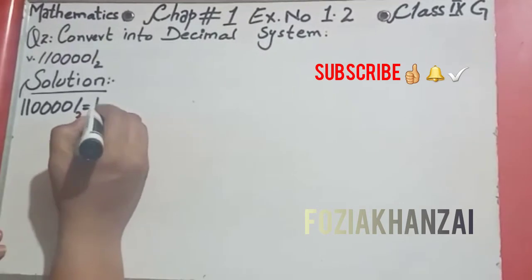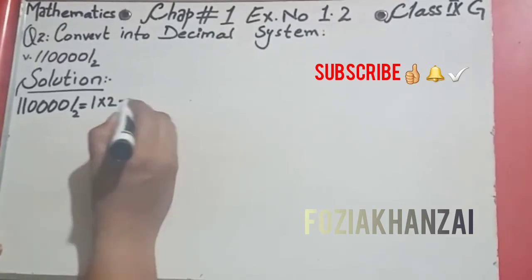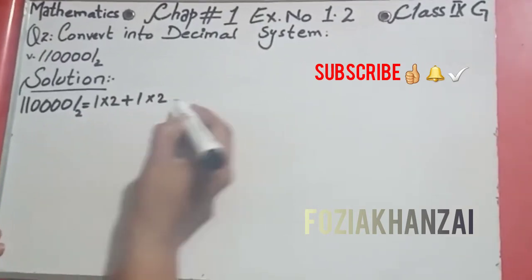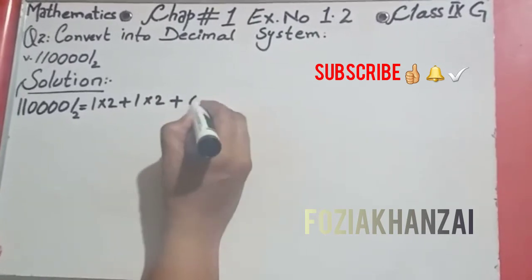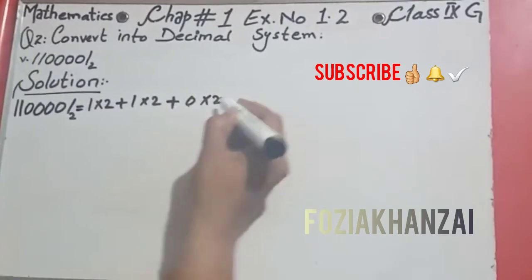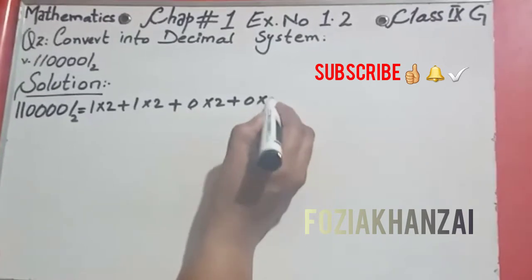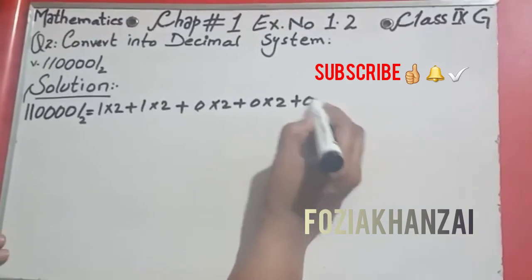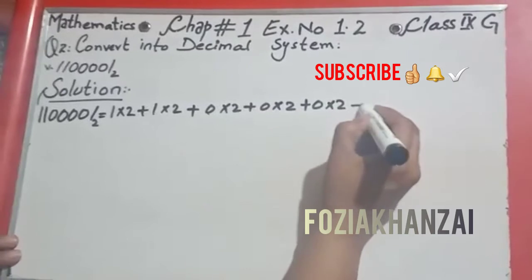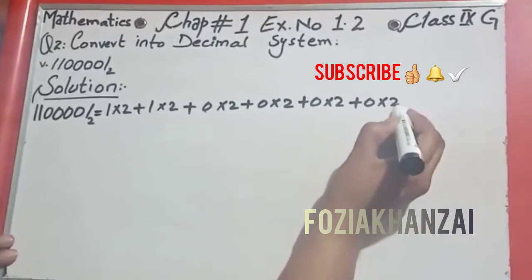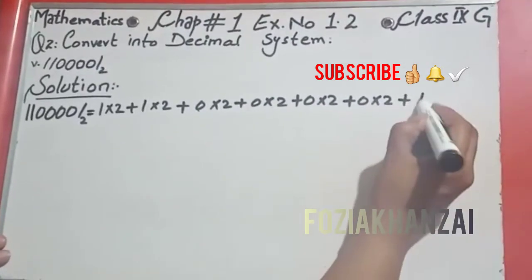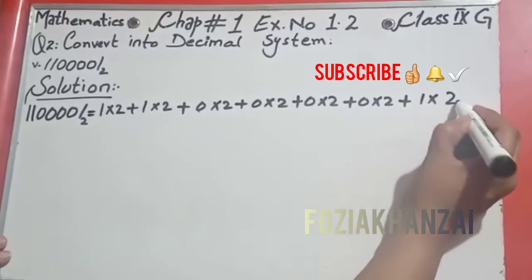Base 2, 1 is to 2 plus 1 is to 2 plus 0 is to 2, 0 is to 2 plus 0 is to 2 plus 0 is to 2 plus 1 is to 2.